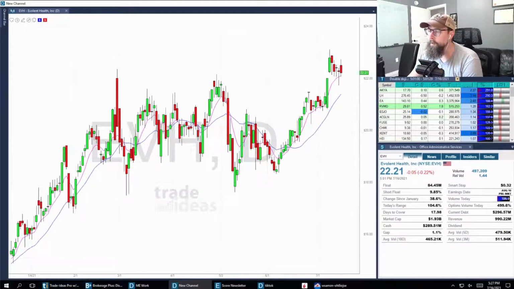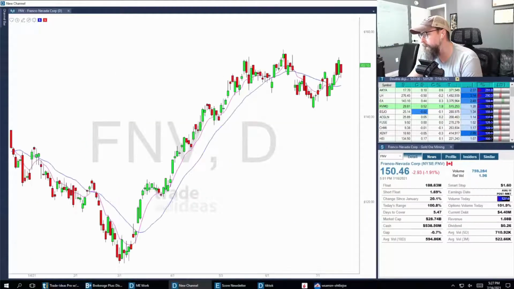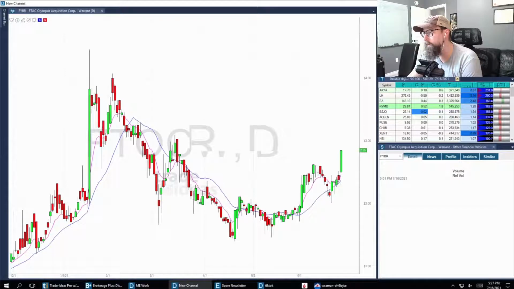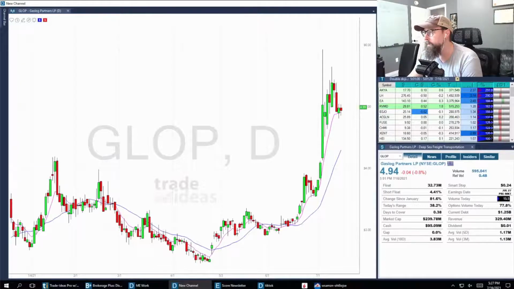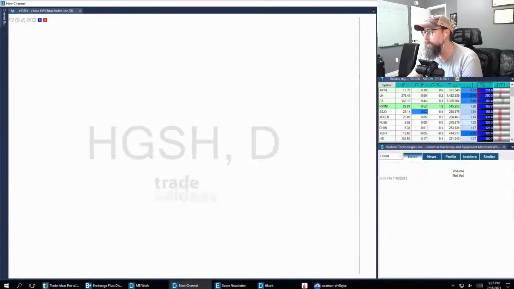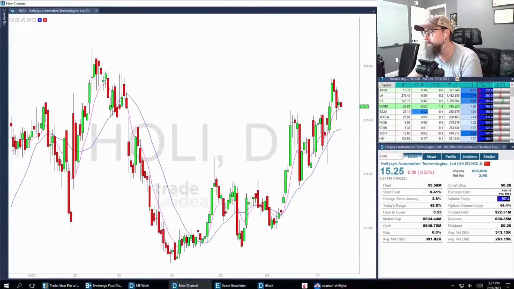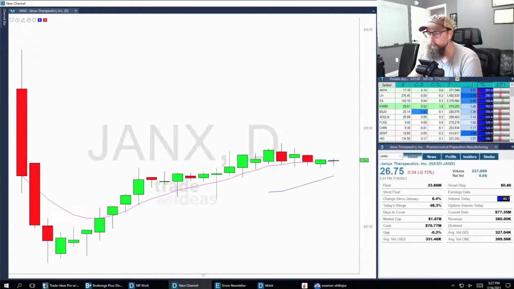Knowing that these are going to be slower, lamer names, but if they're the ones that are working in this environment, I would rather make slow money than no money. And I'm more looking to buy pullbacks, because as the market gets choppier, you can get a little bit more greedy with your price, and you can look for pullbacks instead of just breakouts.